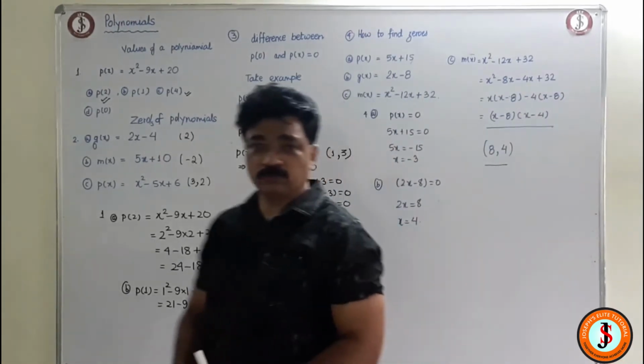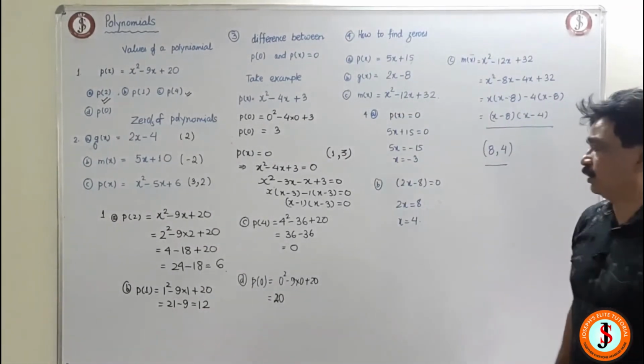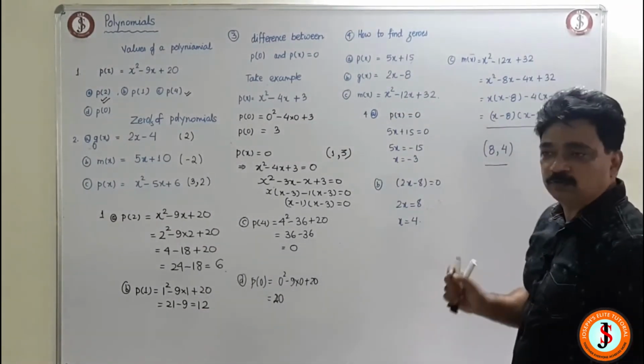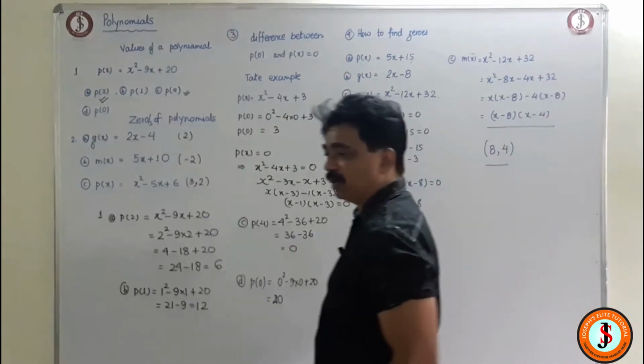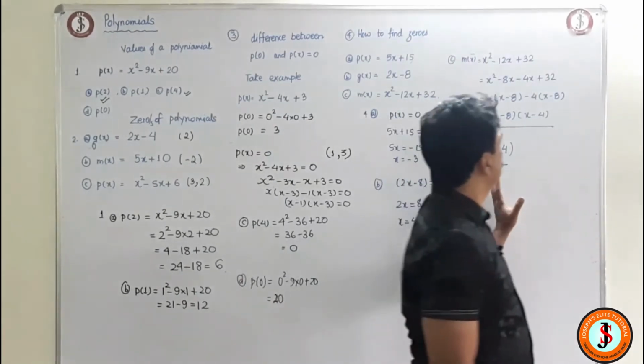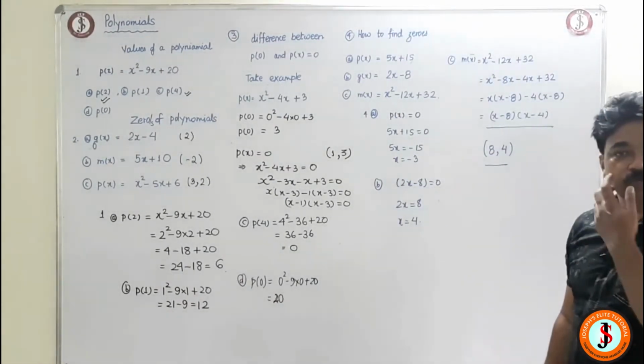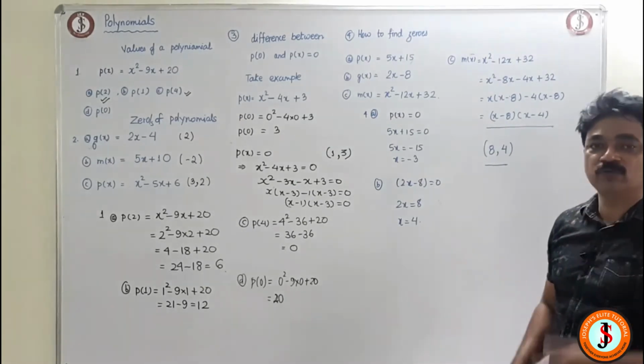So I think you have nicely understood this part. The most important part, you have understood the difference between P(0) and the zero of a polynomial. If they ask what is the meaning of the zero of a polynomial, you say it is the value of the variable which, when kept in the polynomial, will give the whole value as 0.